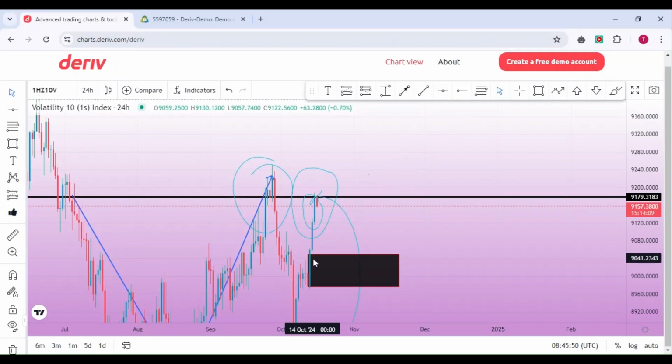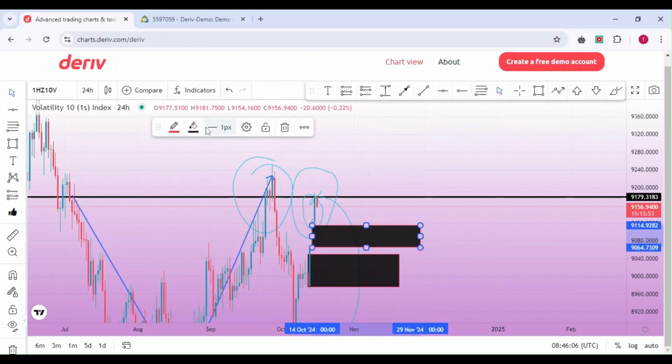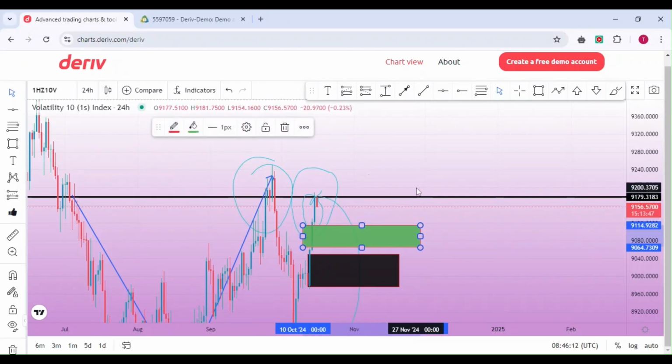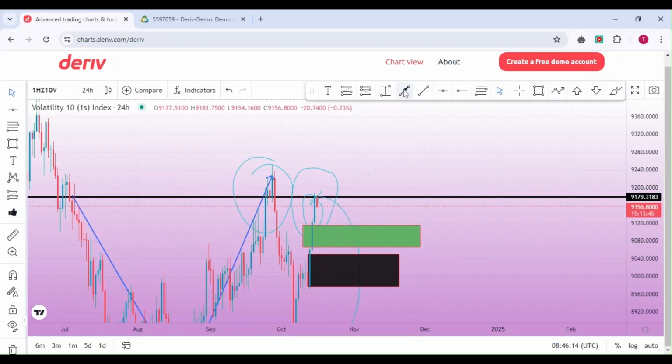Looking at this first candlestick, a green candlestick, second green candlestick, third green candlestick, what am I spotting? A fair value gap here, which we said is usually an inefficiency. If you remember, we have discussed this before. This is an inefficiency gap that the market has to come back and fill.